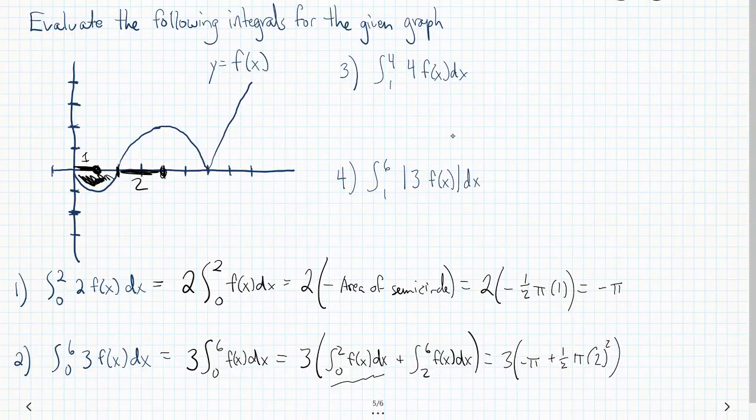Oh, I'm sorry, in the last one I didn't put the 1 squared, but hopefully you can see 1 squared is 1, just an FYI. So in this case, we'll get 3 times negative pi plus 2 pi. So notice that just 2 pi minus pi makes pi. So this whole thing equals 3 pi.